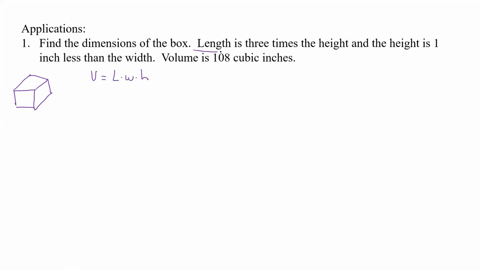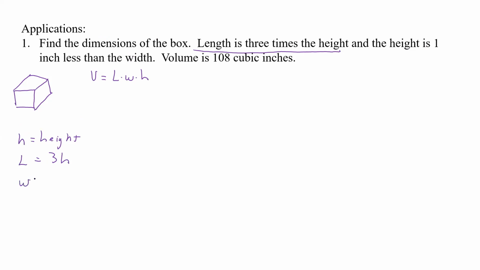Now it says the length is 3 times the height. Then it says the height is 1 inch less than the width. So because of that, it looks like everything's based on height. So let's let h equal height. And so length is going to be what? Well, it's 3 times the height.